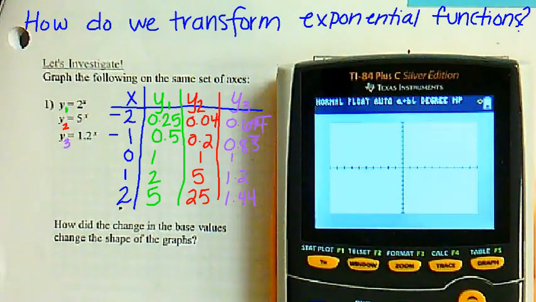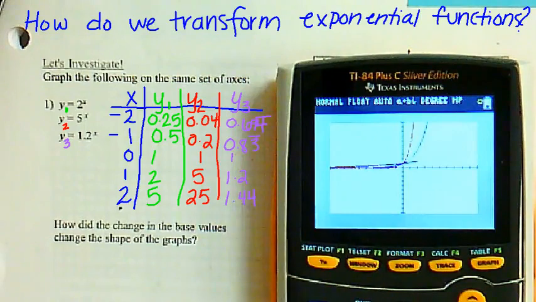So if I press graph, you're going to see, well, take your time. Okay, so there's y1. Here's y2. And then chugging along is y3.